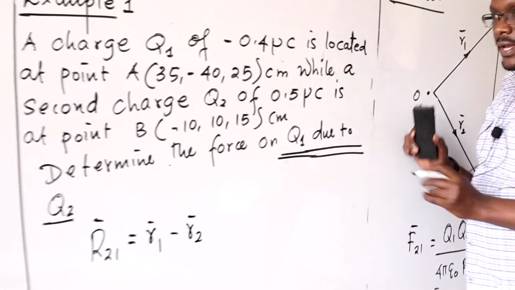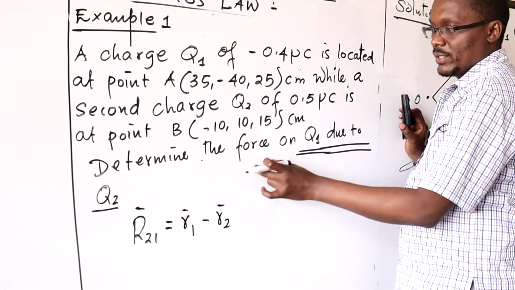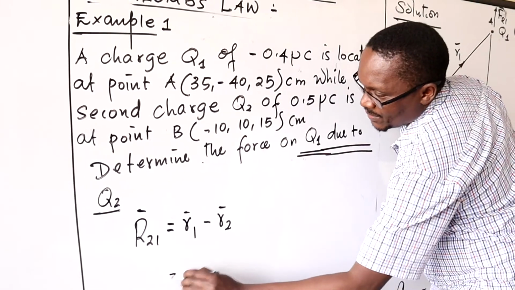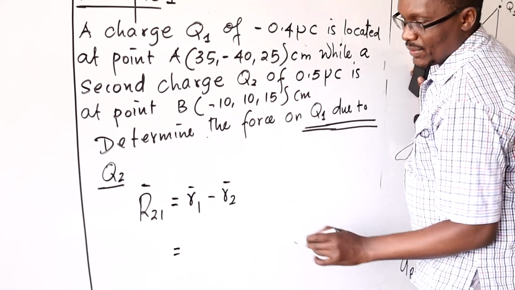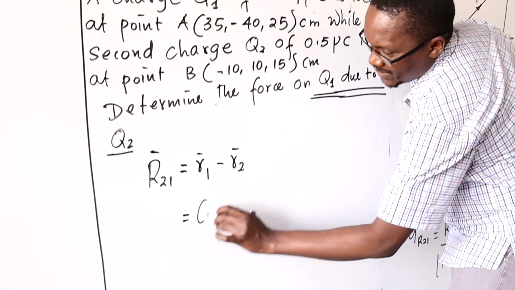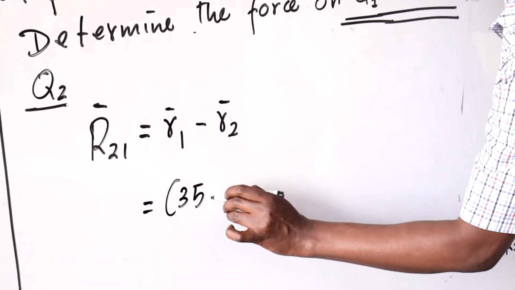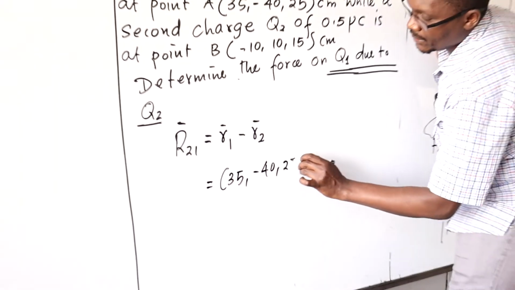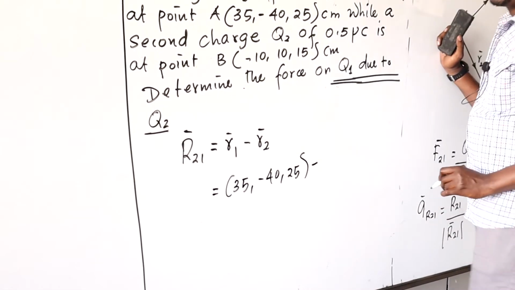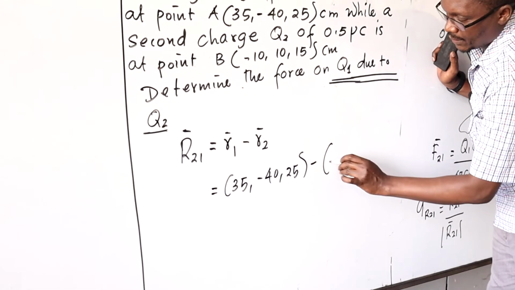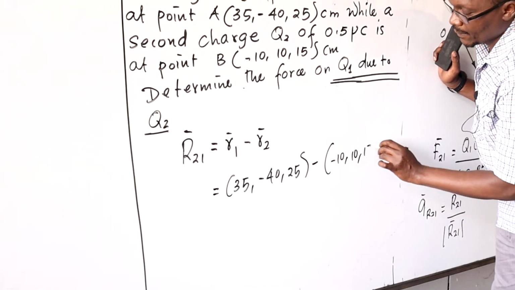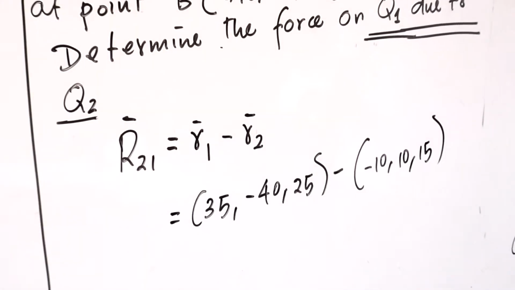Now we have the values here in our coordinates. Actually, these represent the positions. The first one represents our R1. So it's the same as 35, negative 40, 25 subtracted from negative 10, 10, 15.